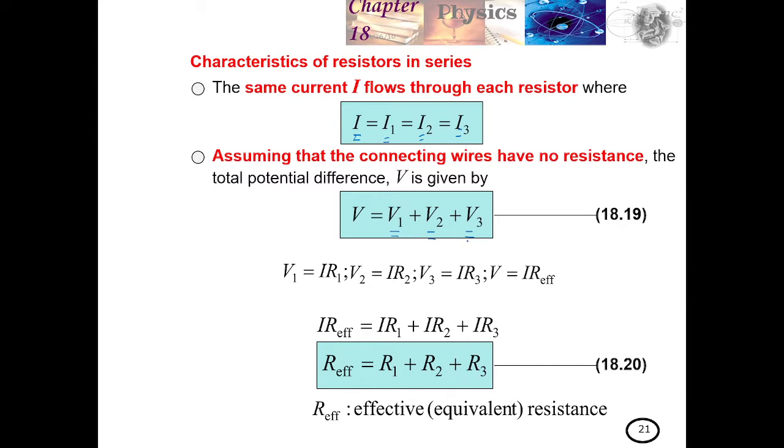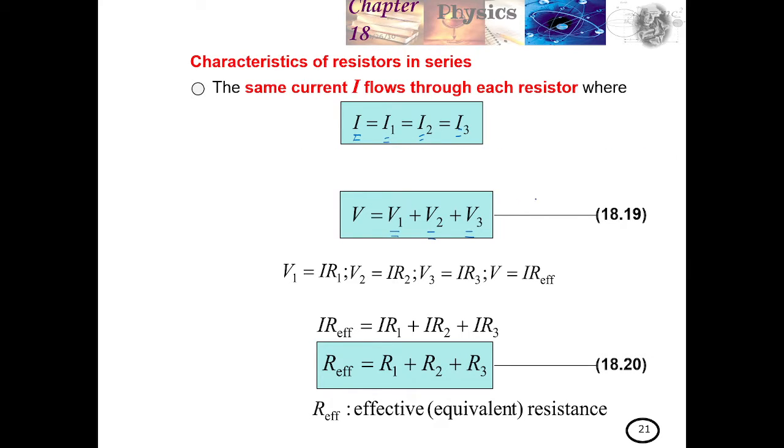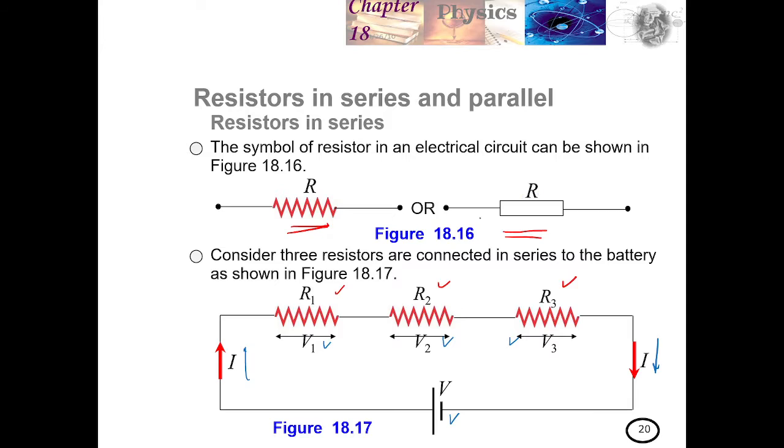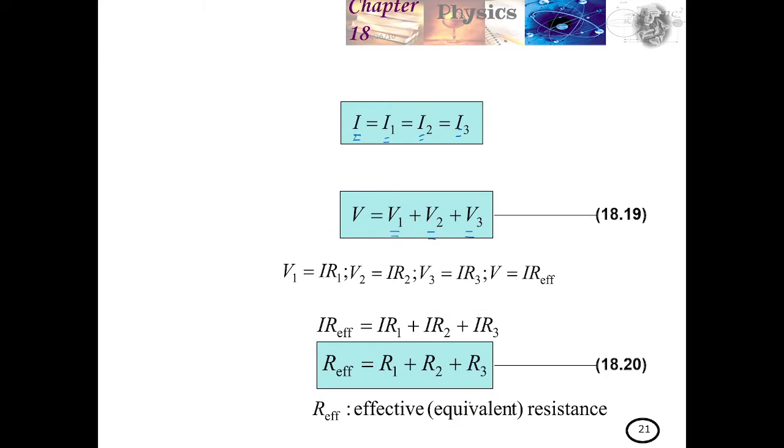The potential differences across each resistor are not the same, but when we add up V1, V2, and V3, we get back V of the EMF. So this is very basic: V1 plus V2 plus V3 gives back V.